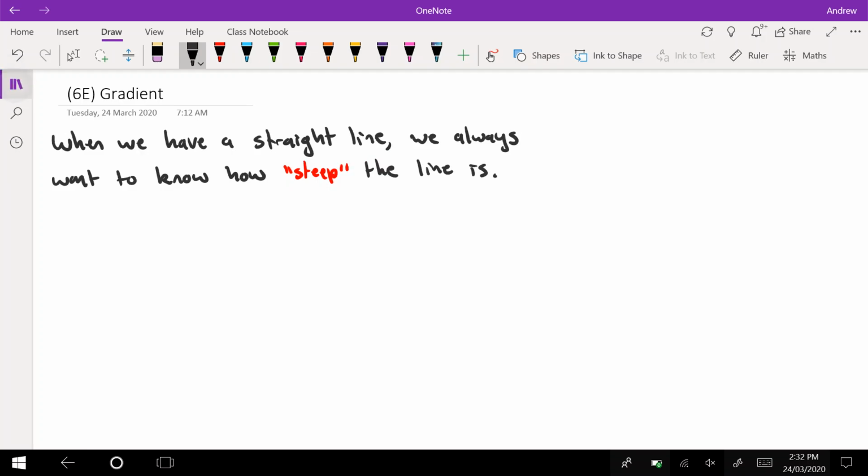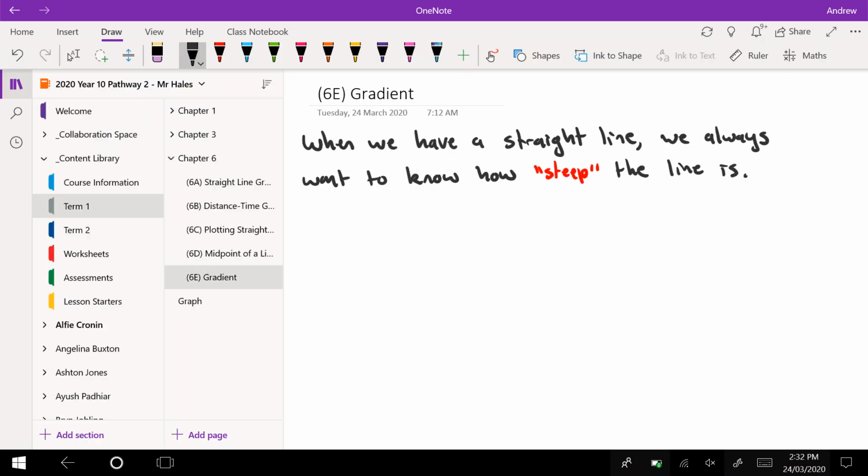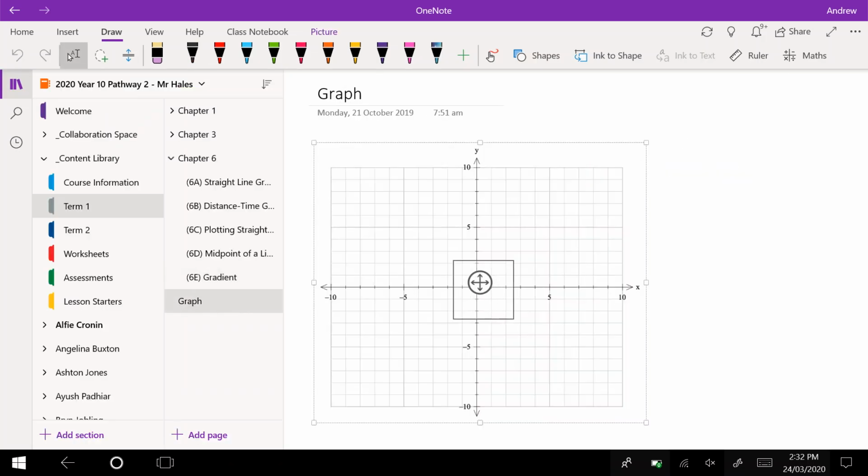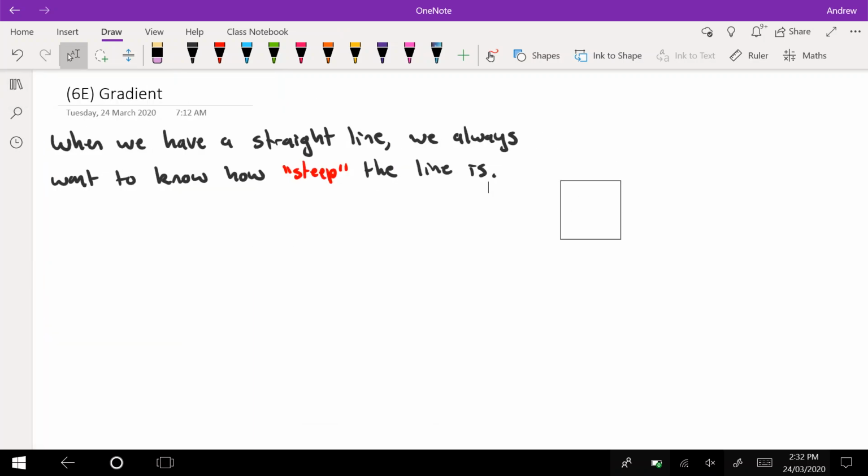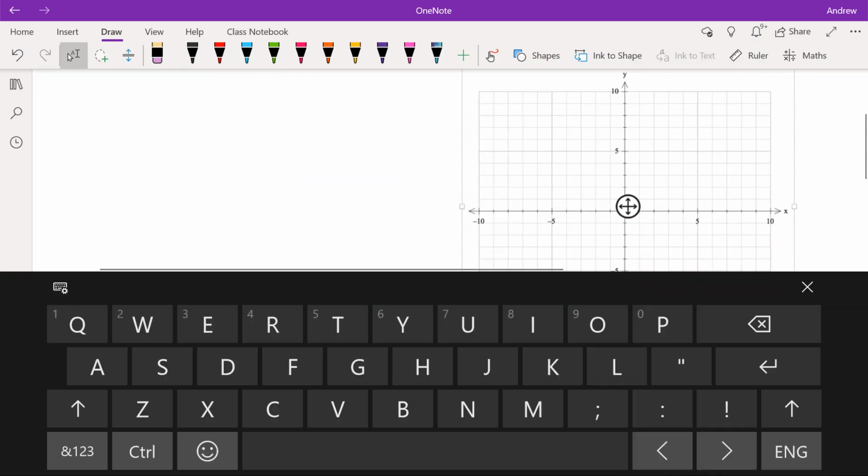So you'll often hear us saying that one line is steeper than the other, or one line is increasing faster than the other. Well, there's a very important reason for that, because it's important for the line.